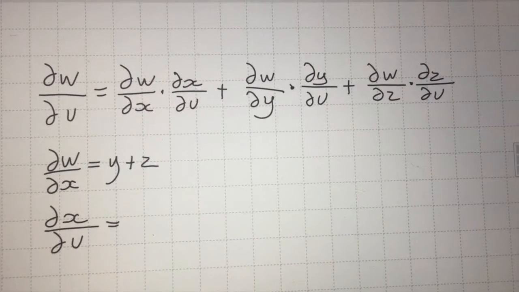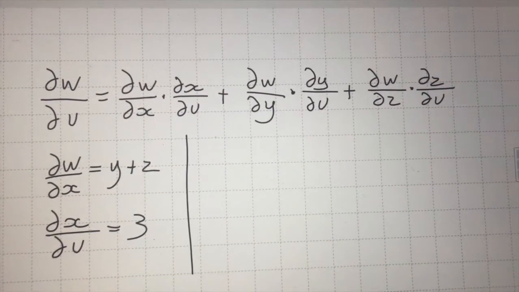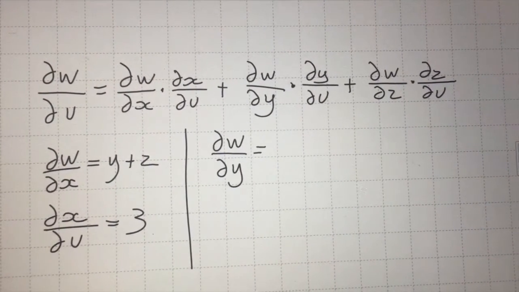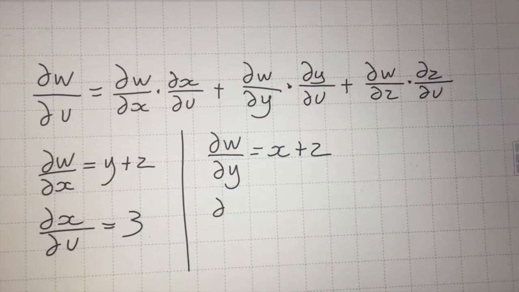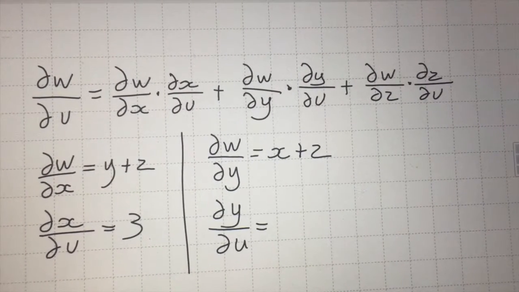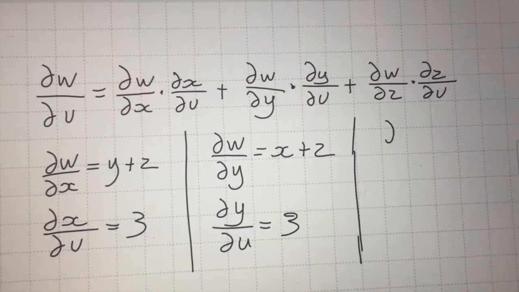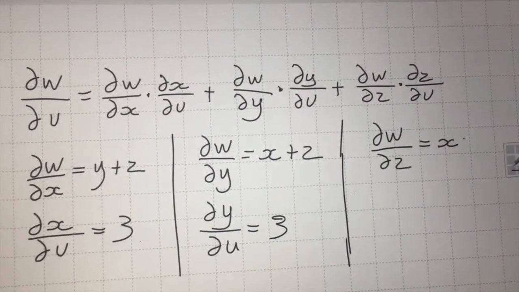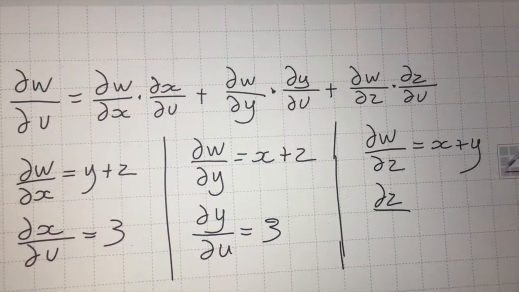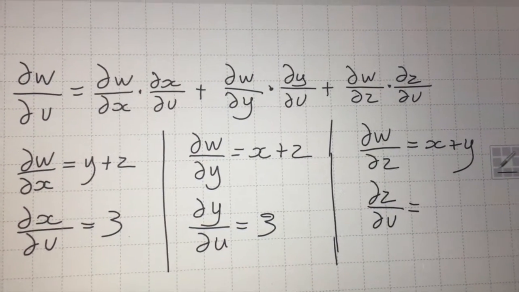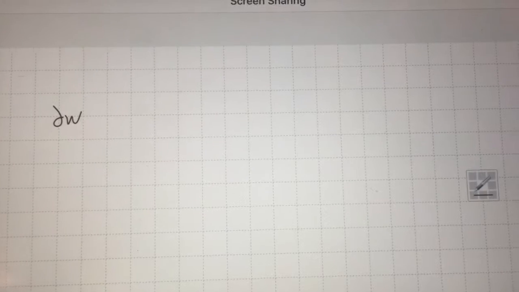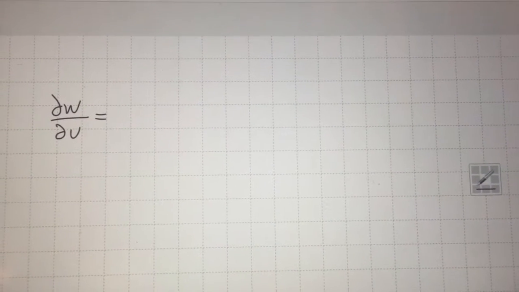Partial derivative of x over partial derivative of u equals 3. Partial derivative of w over partial derivative of y equals x plus z. Partial derivative of y over partial derivative of u equals 3. Partial derivative of w over partial derivative of z equals x plus y, and partial derivative of z over partial derivative of u equals v.